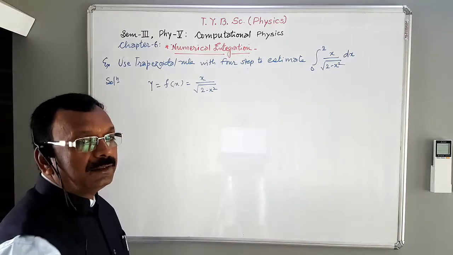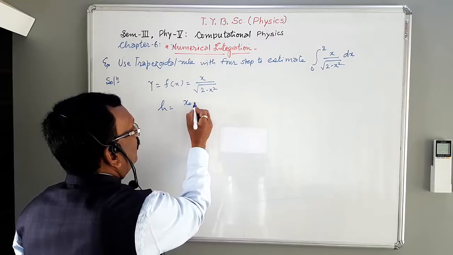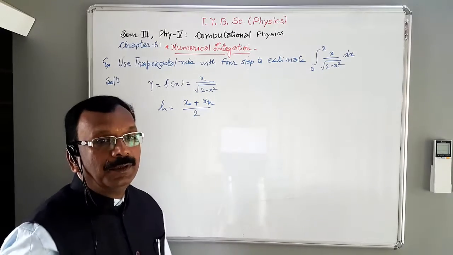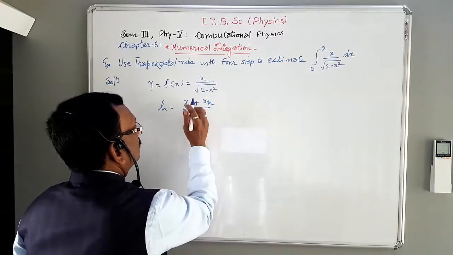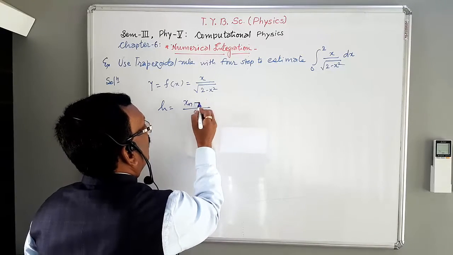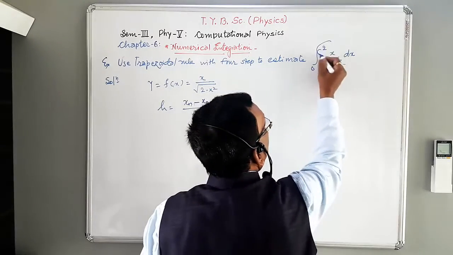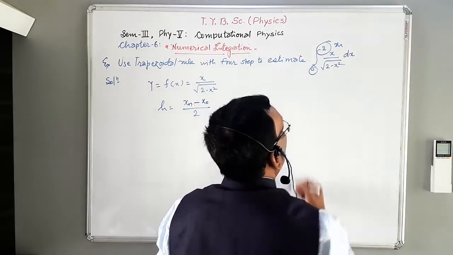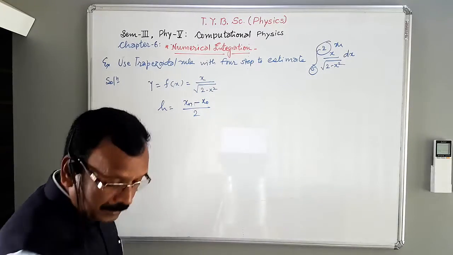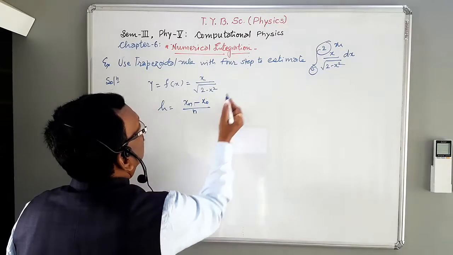Then the second step is h equal to xn minus x0 upon n, where xn is the upper limit and x0 is the lower limit, that is 0, and n is the number of steps.